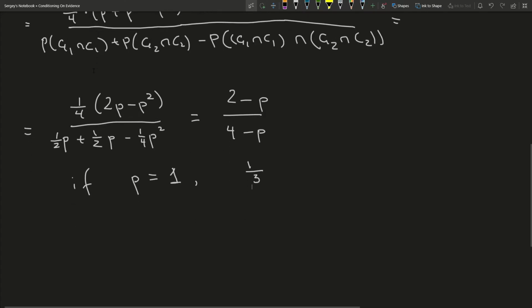The probability that both children are girls, given that at least one of them is a girl with characteristic C, reduces to 1 over 3, which is the same as the probability that both are girls given that at least one of them is a girl. So having the characteristic C tells us nothing here, because everyone has that characteristic.